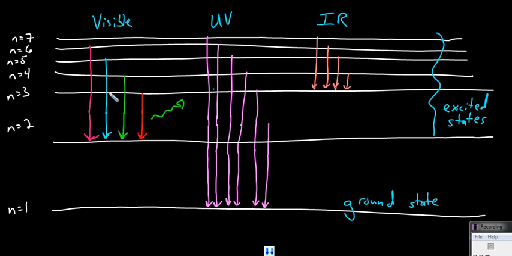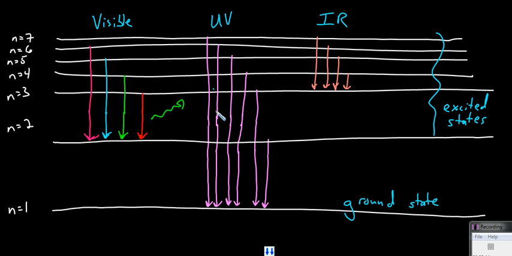Now, what if you had a drop of even greater distance? A drop of say 7 to 1, or 6 to 1, 5 to 1, etc. You would have even more energy released than these transitions to n equals 2.